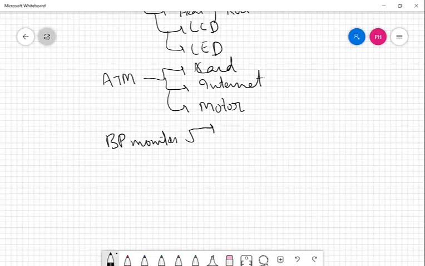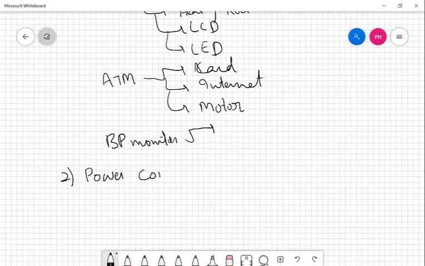First thing. Second thing, we have power constraints. Power constraints in the sense that for most embedded systems, it may not be feasible to keep them plugged into the mains AC always.